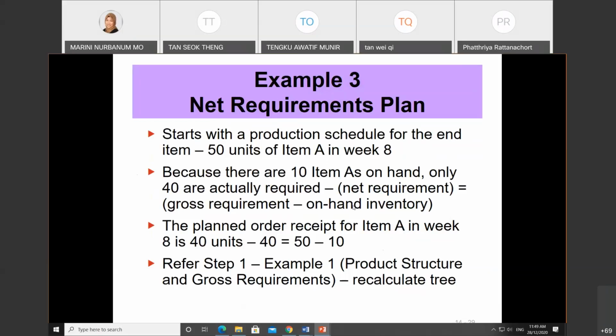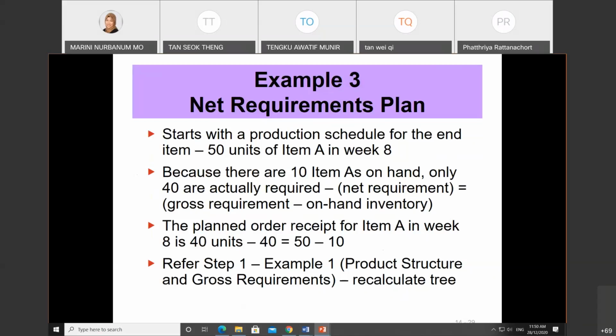So when the number of A changes, the number of B, C, D, E, F all changes. So you have to draw the product structure again, count the materials needed again. That's why at the end here, it says that you need to recalculate the 3.